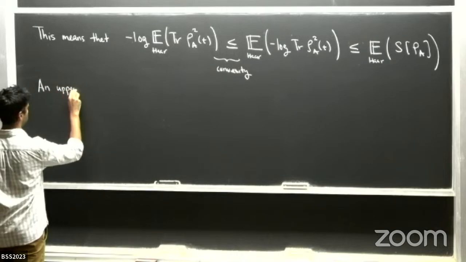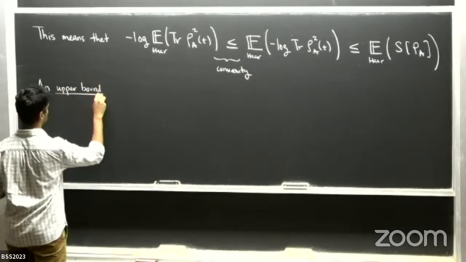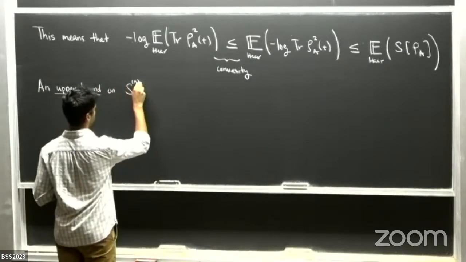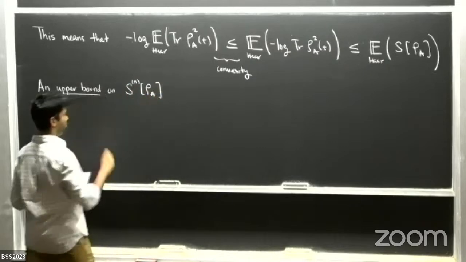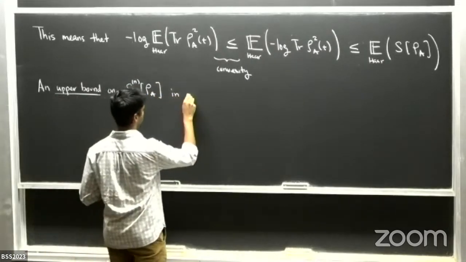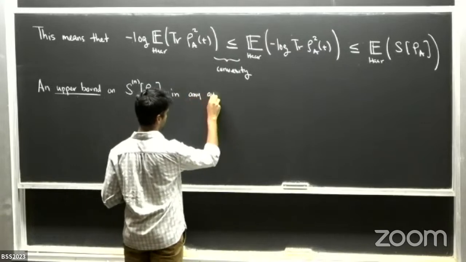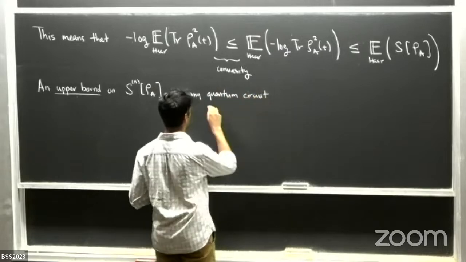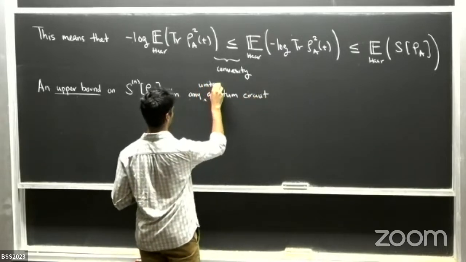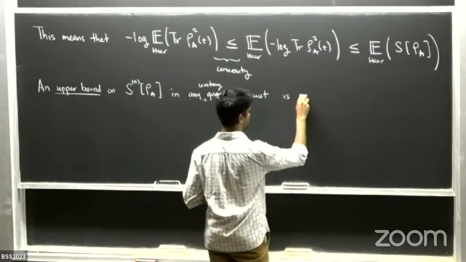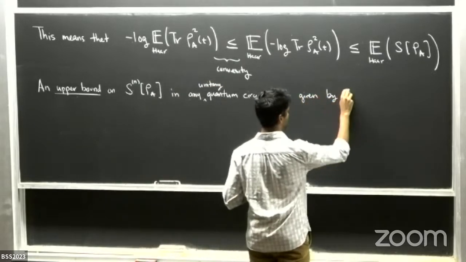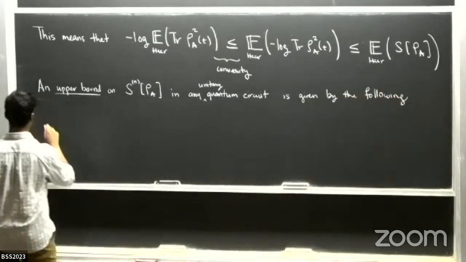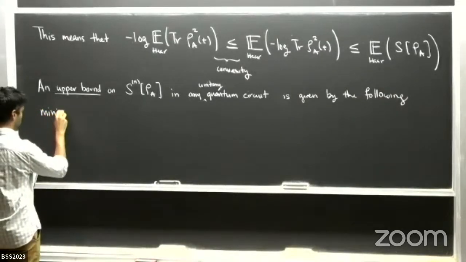An upper bound on any Renyi entropy in any quantum circuit, so unitary quantum circuit, is given by the following minimum cut prescription. This might be familiar to some of you.